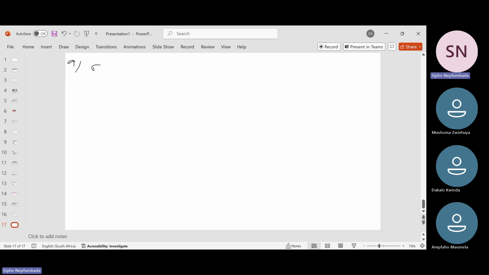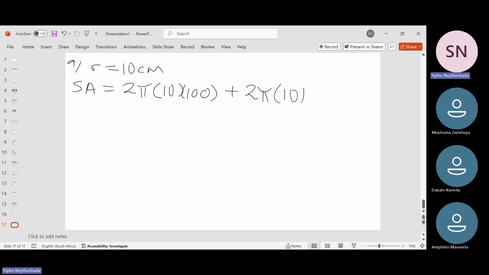Therefore, the radius is equal to 10 centimeters. So the surface area is equal to, the formula there is given. So it's a matter of substitution, right? Since the formula is given, there's no use for us to write the formula. Then when we substitute into our calculator, what did we get?